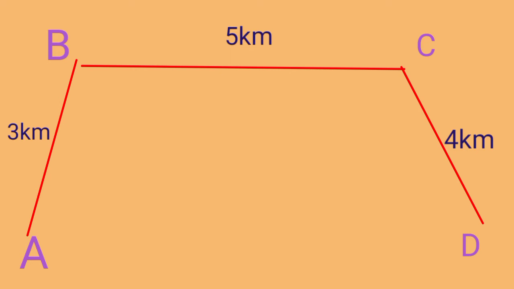Now consider a person wants to go to place D through B and C. Then he first travels from A to B, then from B to C, and then from C to D. So what will be the total distance he covered? From A to B, then B to C, and then C to D.